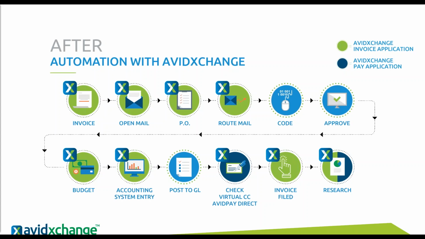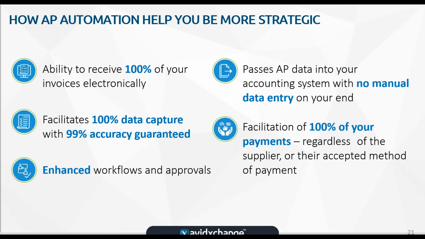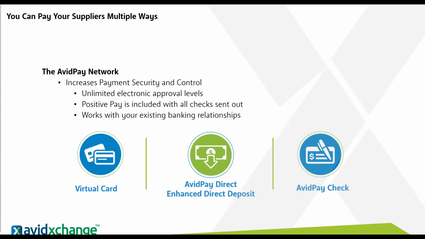And then Avid on the payment side will make the payments on your behalf. So with Avid, you're automating, you're giving visibility to each invoice and payment, you're creating correct data, you have advanced workflow and approvals, there's no data entry on your behalf, and the payments are being made on your behalf.